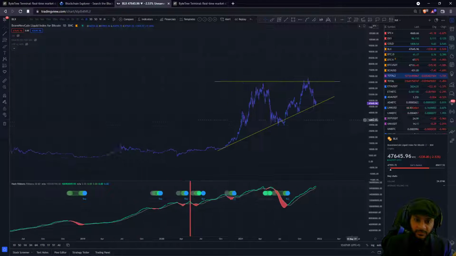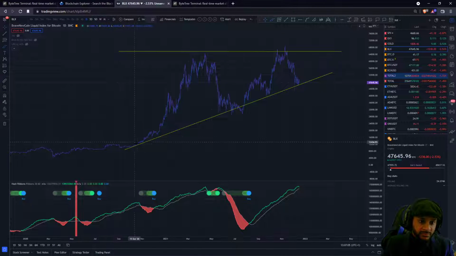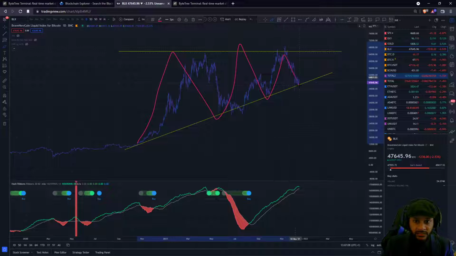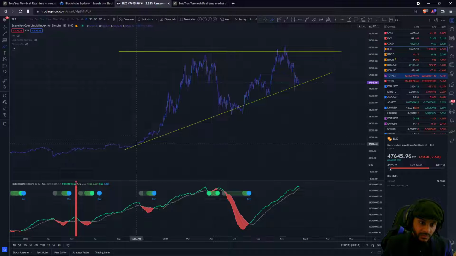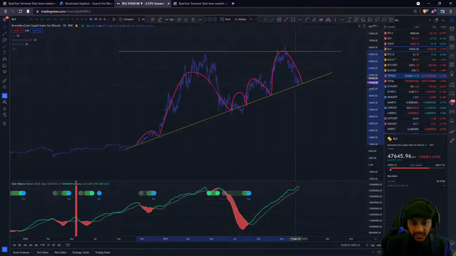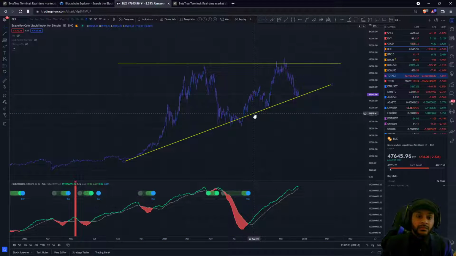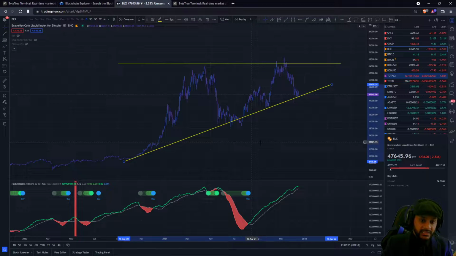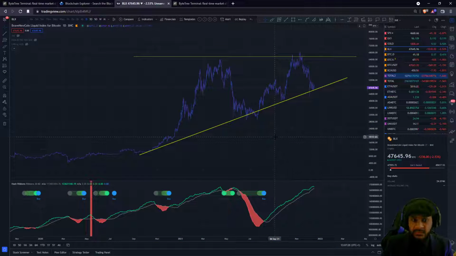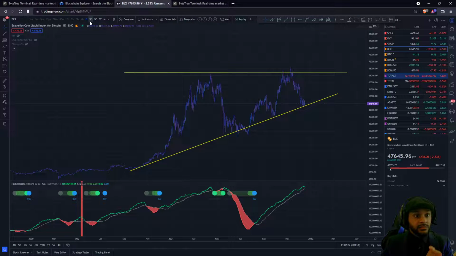How can you determine the trend? Let's say we see that the price of Bitcoin is bouncing between these two lines. Every time Bitcoin bounces against this yellow line over here, it bounces back up. So this yellow line, I'm going to make it a little bit thick, is a clear support trend on the daily time frame.